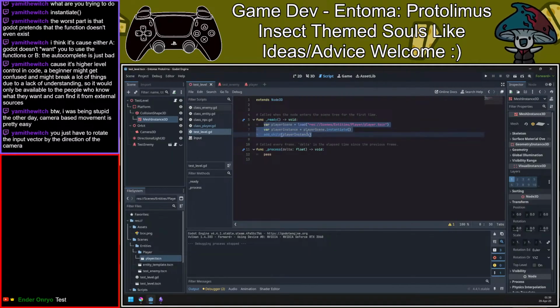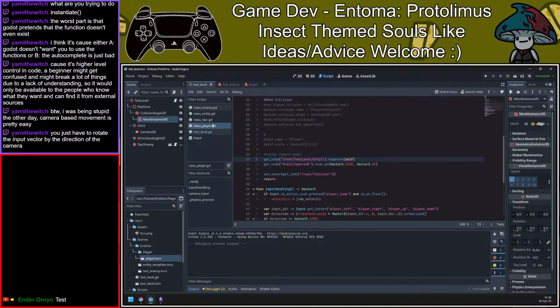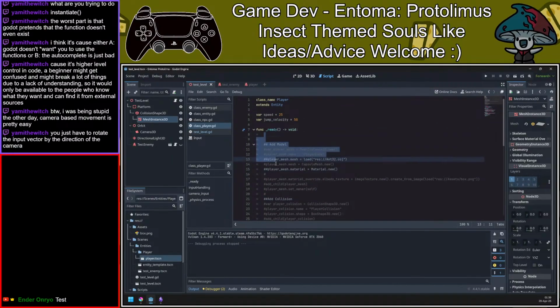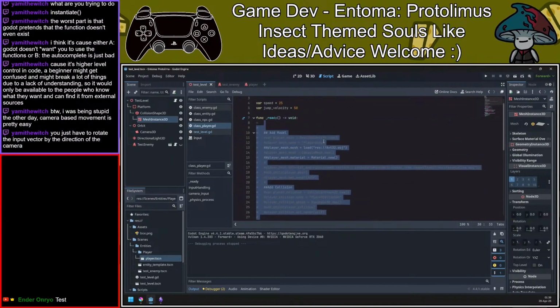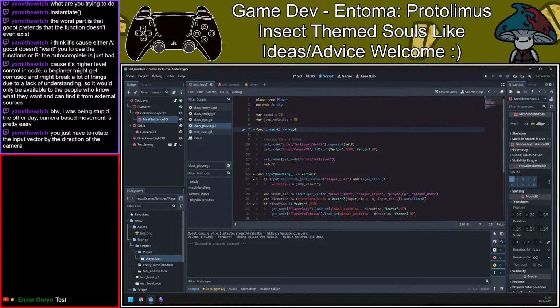Okay, this doesn't feel like the kind of thing that should be bound to a single level. That feels like it should be more dynamic, but we can fix it later. Okay, so I don't need this model and mesh code. You just have to rotate the input vector by the direction of the camera. Huh?